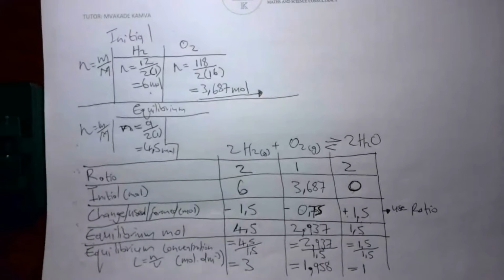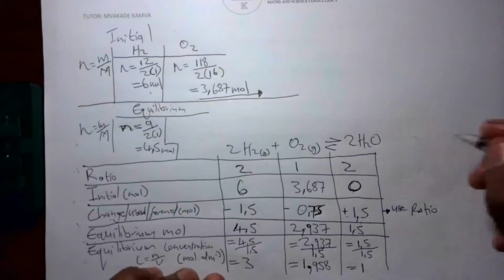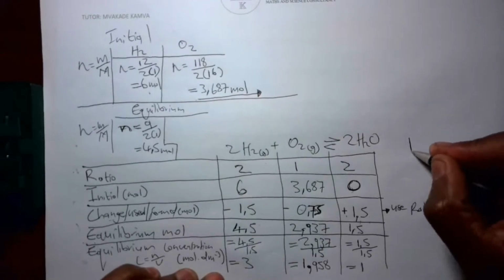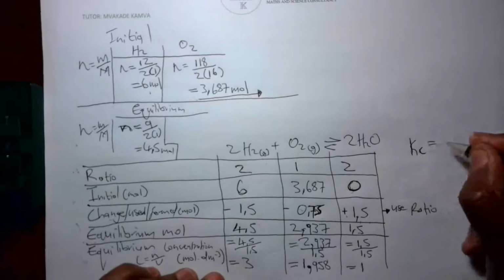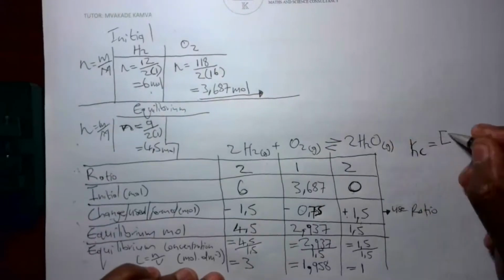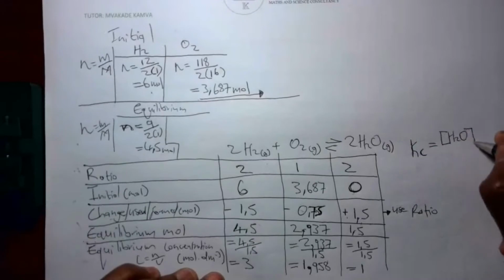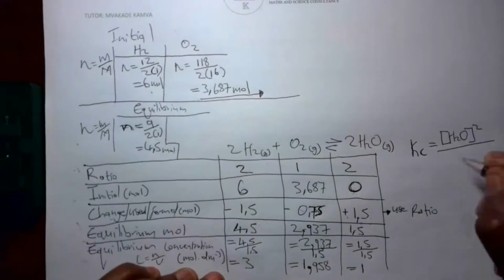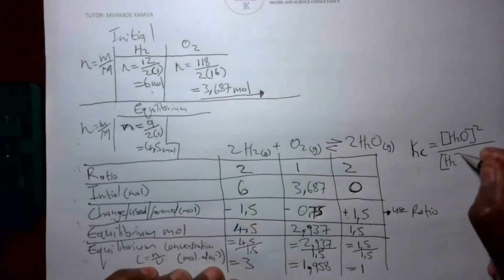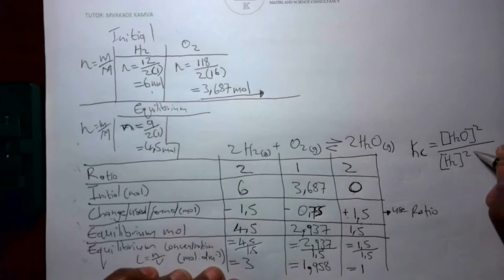Okay, so we are asked to calculate the Kc. So now we start with what? We start with our Kc expression. So this is going to be Kc is equal to the concentration, because this is a gas, the concentration of H2O squared over H2 squared, concentration of O2.